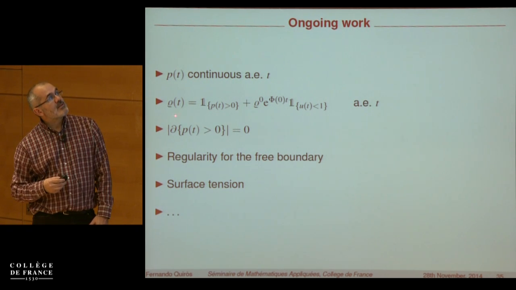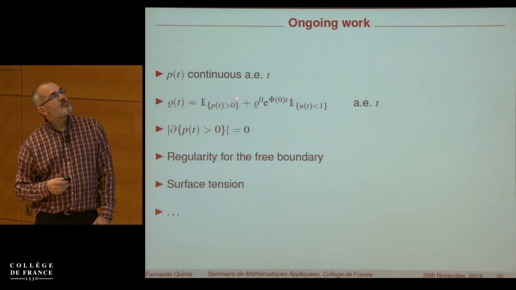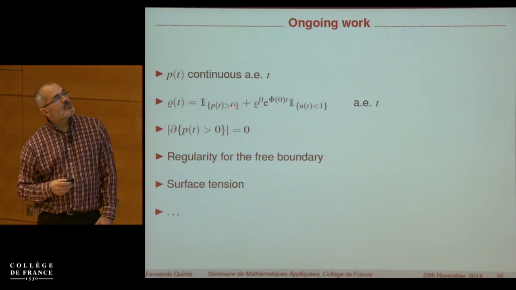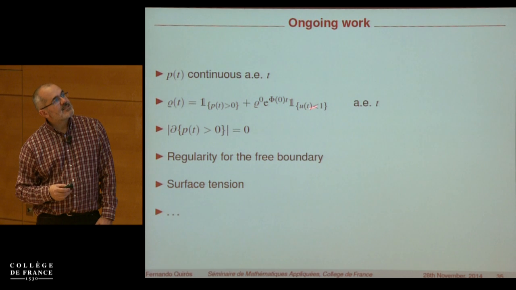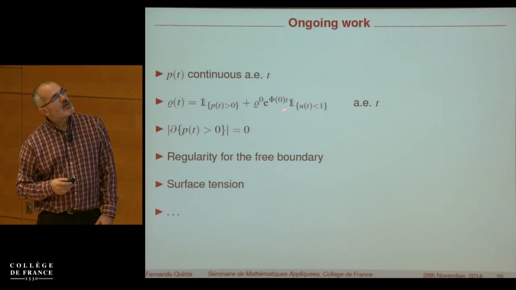The second thing we think we have succeeded in proving is that then rho of t will be the indicator function of the set where P is positive, plus something else if u is below 1. If u is below 1, outside the tumor, the density is increasing exponentially.